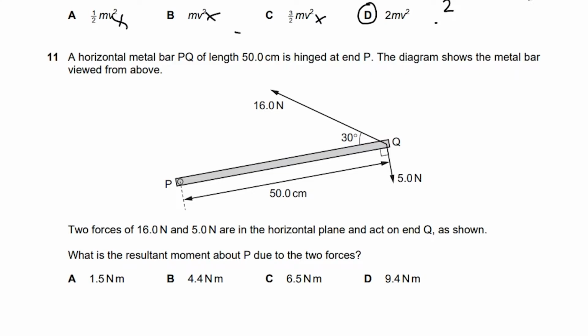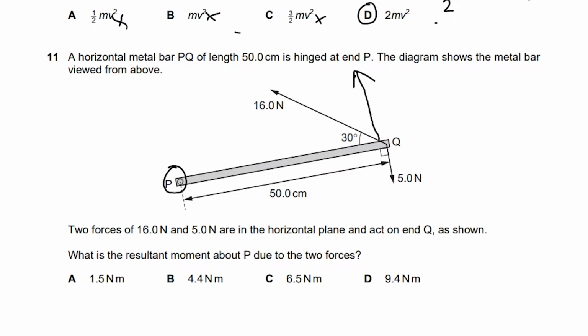Okay, now there are two forces acting on a metal bar. This point P is the pivot, and this point Q is where the two forces act. Obviously one force is acting perpendicular to the bar, which is 5 Newton. This one is easier, and the other force is acting at an angle, but we only consider the perpendicular component.